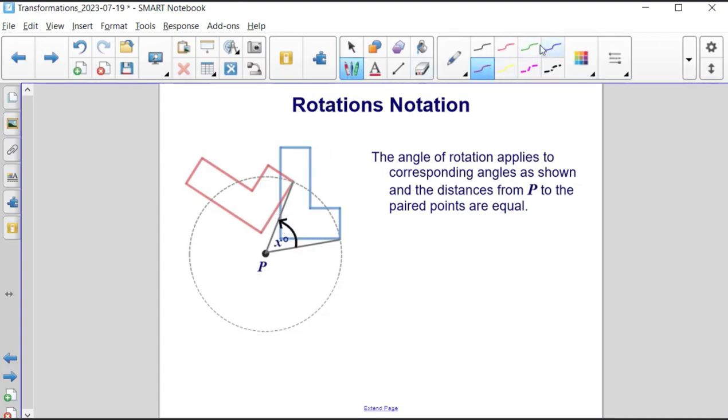So if I also were to draw, I'll draw it in green so that it's a little bit different, from this point up here straight down to point P, and then I'm going to travel that same distance up to the image point right here. And this angle is again going to be x degrees. You're going to take every single point that you have in your polygon and you're going to rotate each of those points x degrees about the point of rotation.